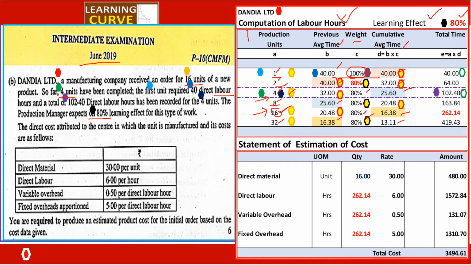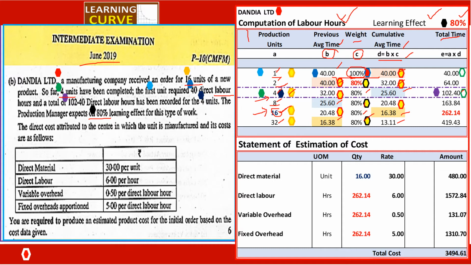Now, how do we work out the total time taken? It's simple. This is the average time, B into C. We know how B comes at each subsequent level and what the average time is. What is the total time?